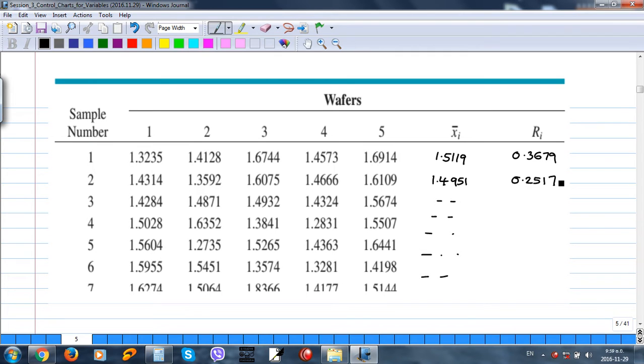In this way you can find x bar for these 5 samples and Ri, that is the range, for each and every one of the 25 entries.